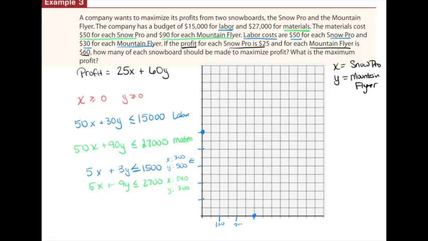And I have that. And then for the other one, my x-intercept is 540, so that's 400, 500, 600. This would be 550, so 540 would be about right here. My y-intercept is at 300 right there.